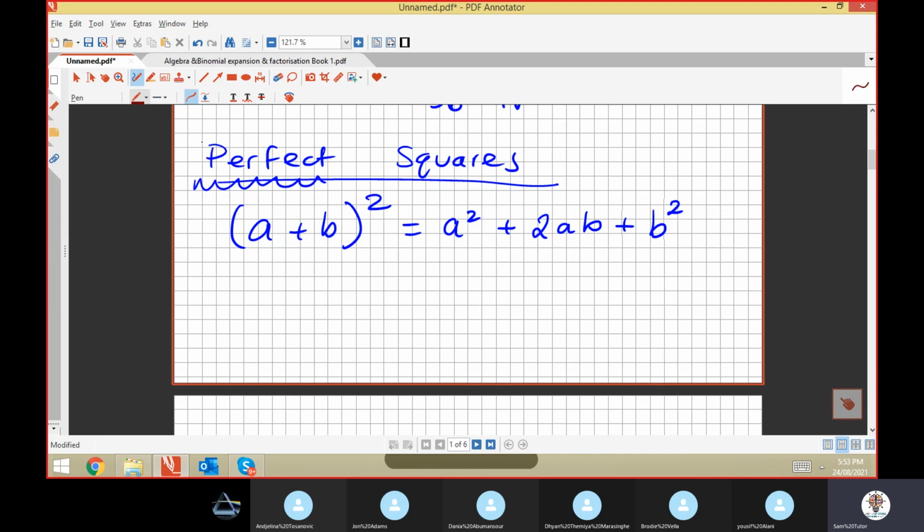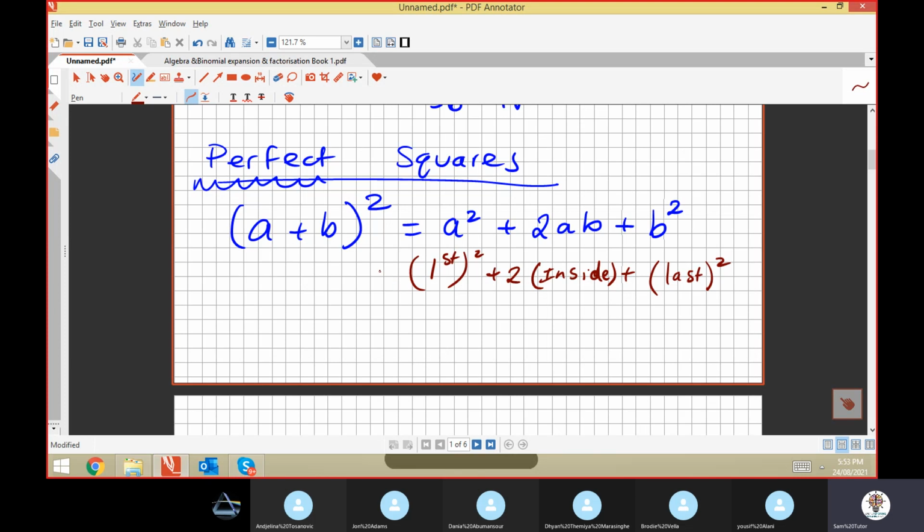In other words, it's saying a squared, the first squared, the last squared, so first squared, last squared, twice, 2 times inside. So multiply the insides.